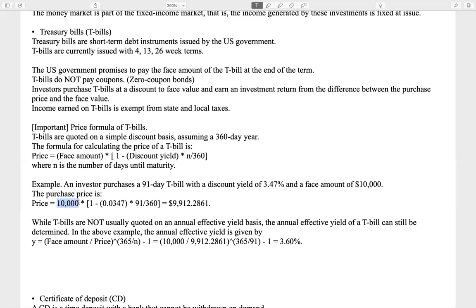Since there are no interest payments, the only way you make money is when your purchase price is less than the face value, because by the end of maturity, you will receive the face value back from the US government. Meaning at the end of 91 days, you will get $10,000. So what you pay will be less than $10,000, as seen down there.